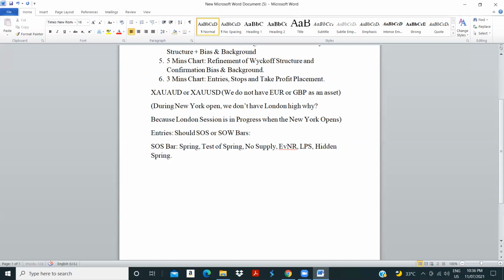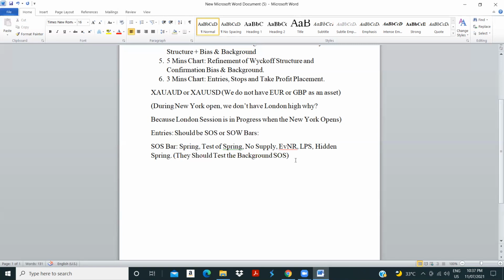These are the entry bars, and they should come in the background of previous strength areas. Background SOS.